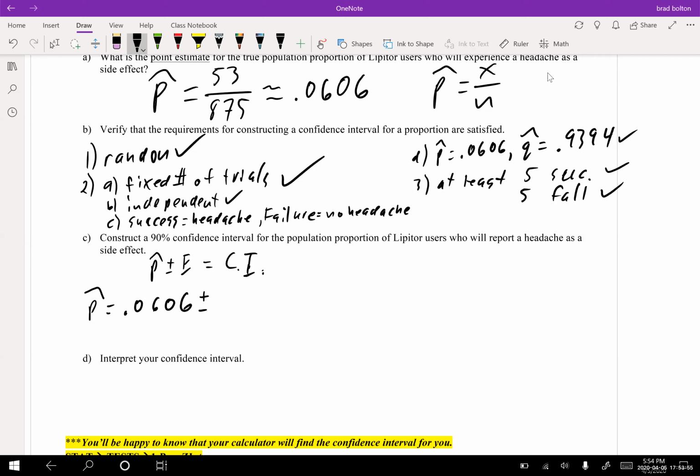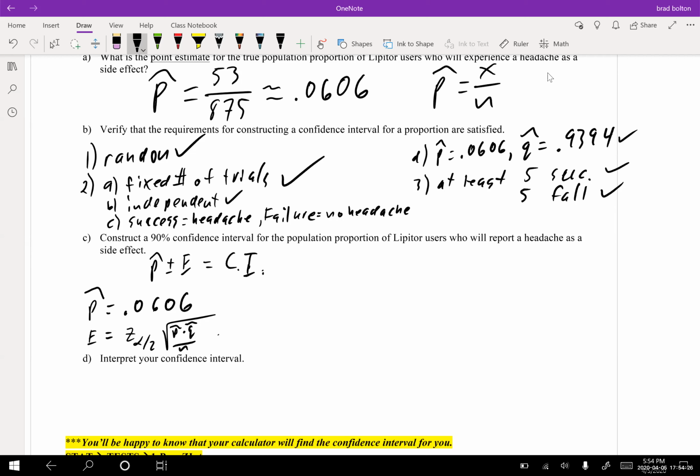So I could write it separately: the error is equal to Z alpha over 2 times the square root of p hat times q hat all over n. That's the formula we're going to use.